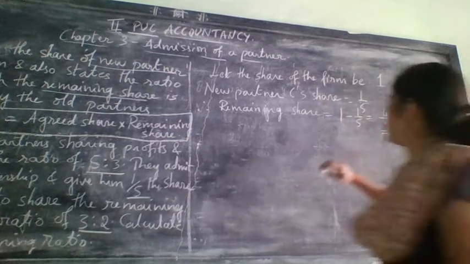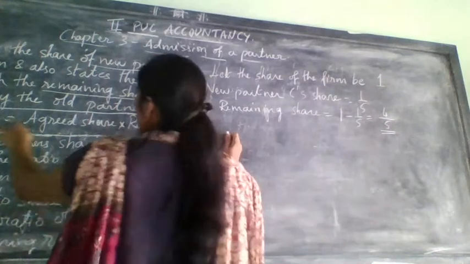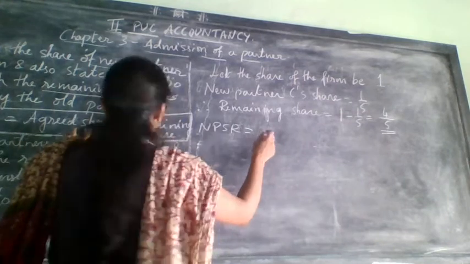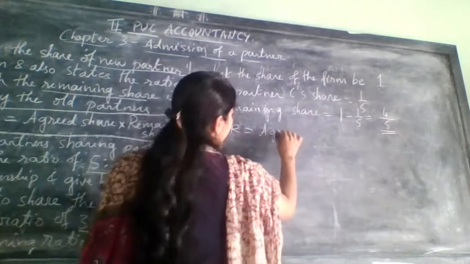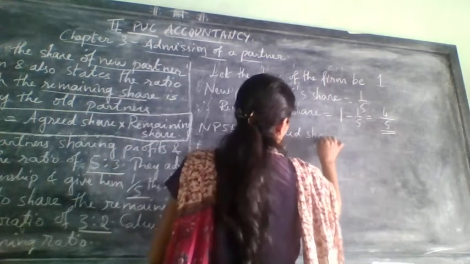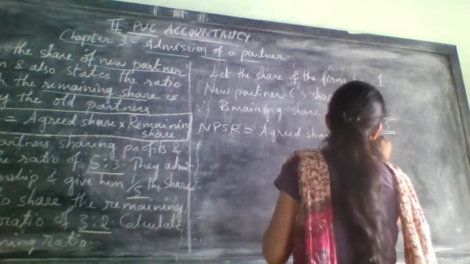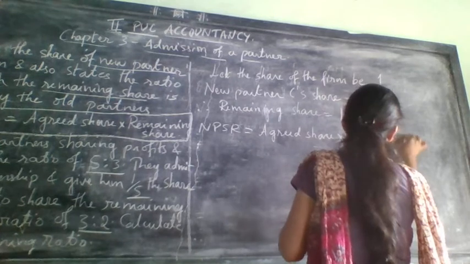Next, what do you need to do? Write the formula. What is the formula? New share, or NPSR, is equal to agreed share into remaining share.